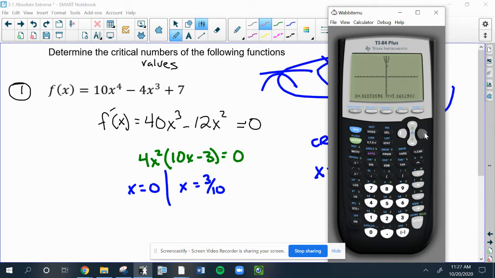You can see my cursor. I'm zooming in there. All right, so you can see this is very, very subtle. I'm going to zoom in a little bit more to this area.